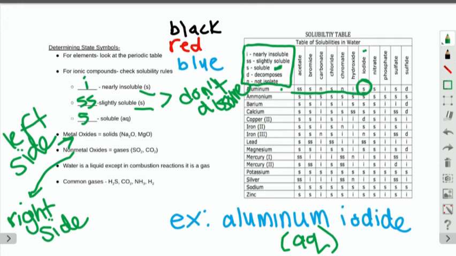And then these are some of the common gases you will need to write down and remember. So I would always have that written down in your note packet, because you will have to figure out if something is a solid, liquid, gas, or aqueous. And this stuff really will help you out throughout the whole chapter. So right now we're going to work on a worksheet.